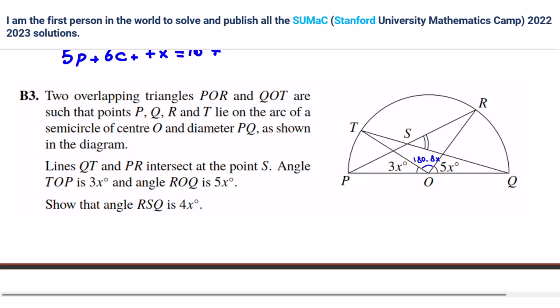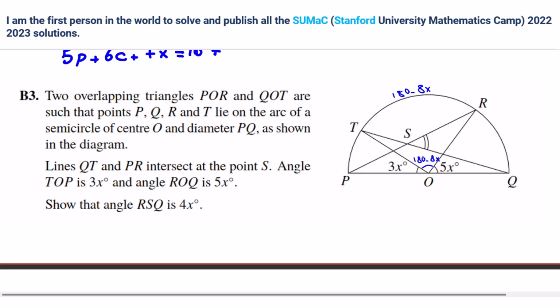So because the arc TR is 180 minus 8x. Not the arc, the angle. Angle. Yes, the arc is from TR to the center. To the center. That means any other point, like let's say TQR.